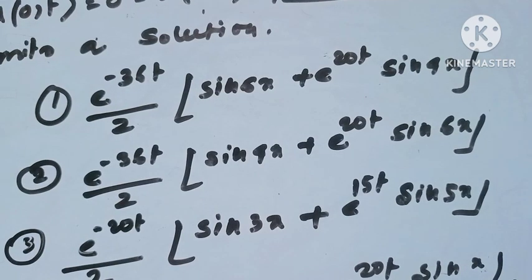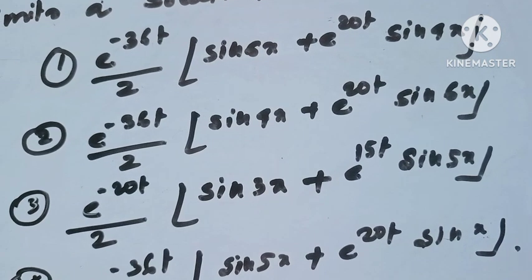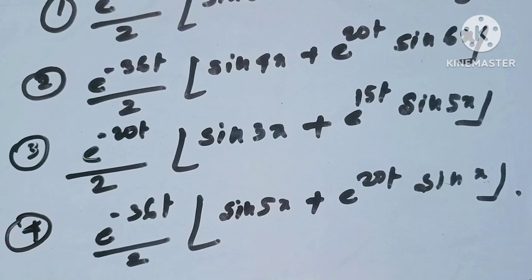Option 2: e to the power minus 36t over 2 sin 4x plus e to the power 20t sin 6x. Option 3: e to the power minus 20t over 2 sin 3x plus e to the power 15t sin 5x. And option 4: e to the power minus 36t over 2 sin 5x plus e to the power 20t sin x.